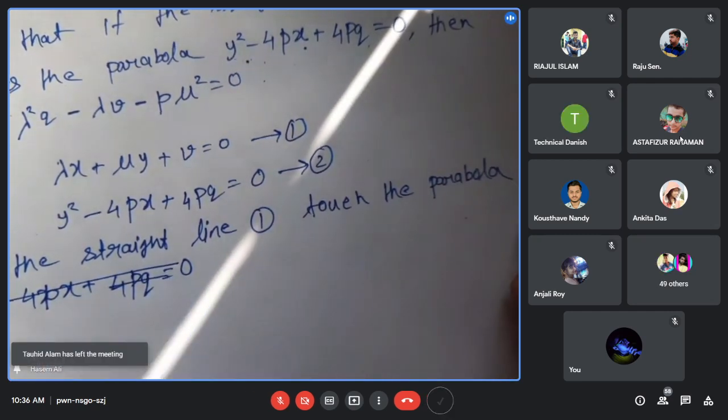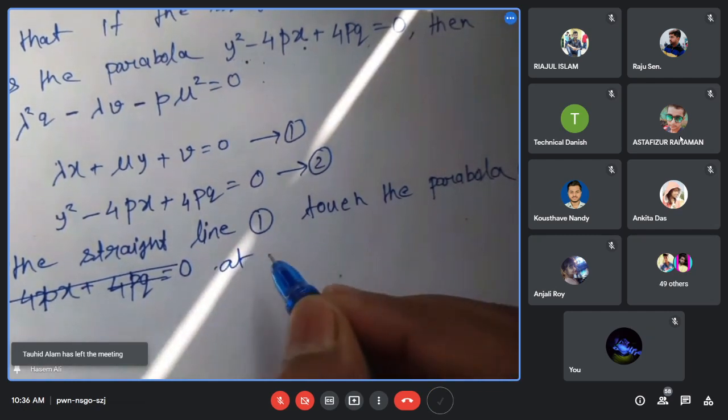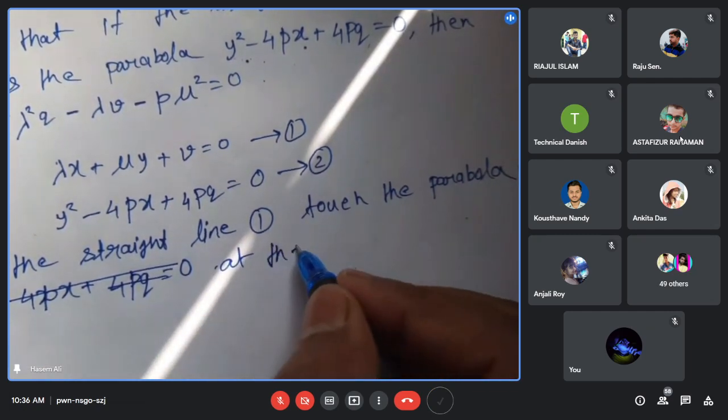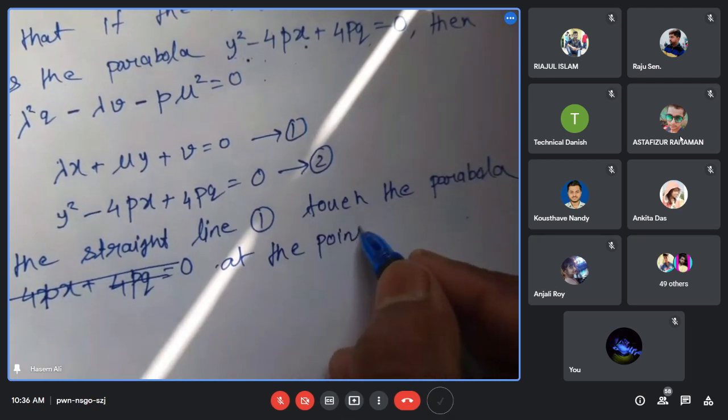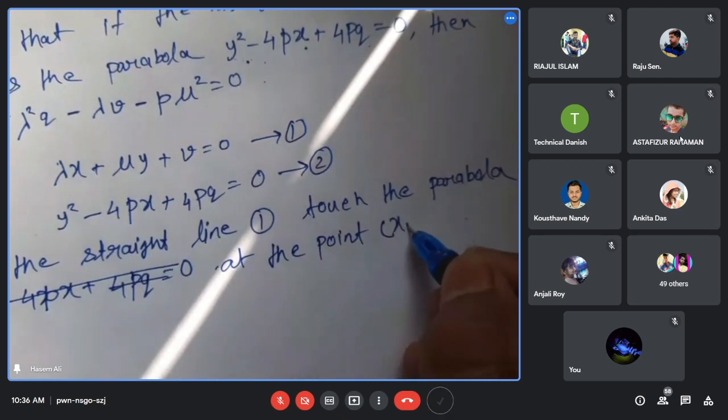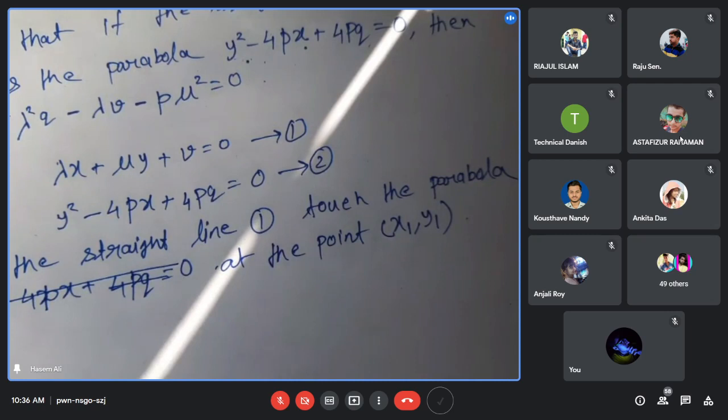It can be written as equation 2 only. Let the straight line touch the parabola 2 at the point x1 y1.